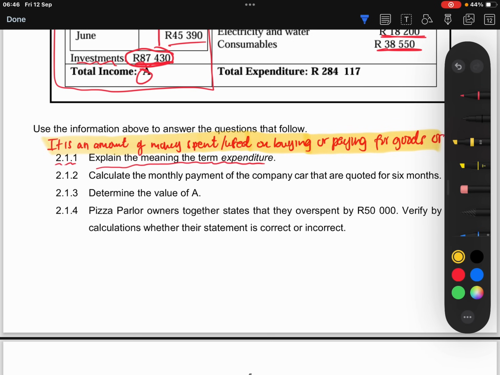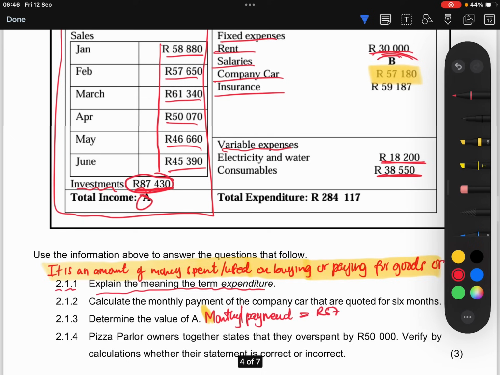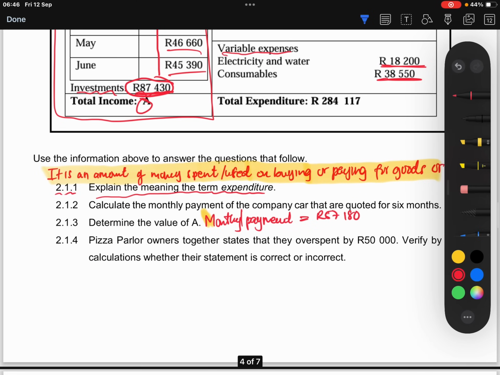So for the monthly payment, you take 57,180 and divide by 6 months. Each and every month it's going to be 9,530 rands per month. That's the money that they pay every month for the company car.